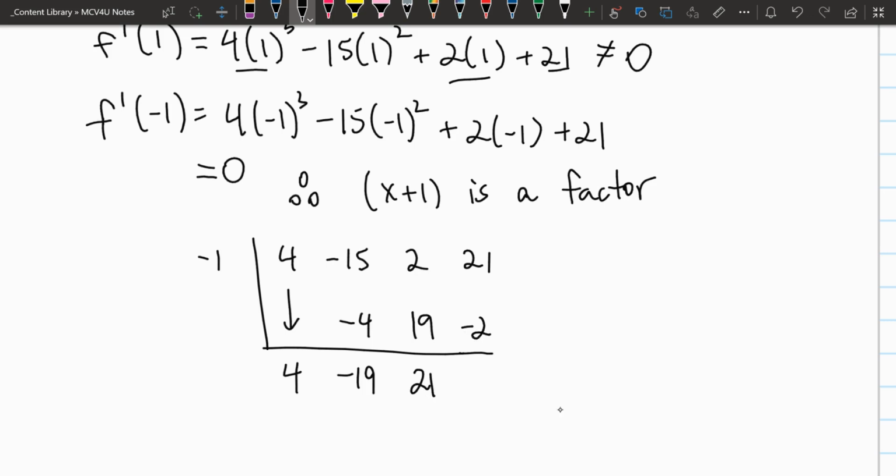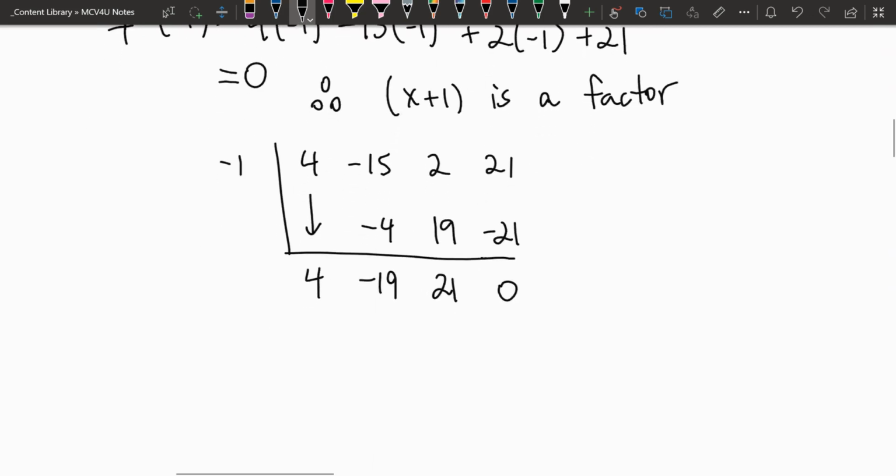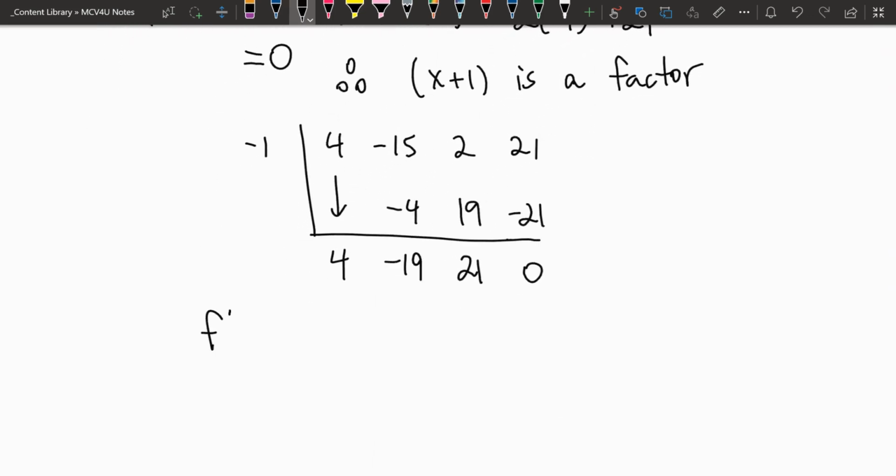Multiply again, we get negative 21, and then 21 plus negative 21 is 0. Okay, and so the factored form of my derivative, f prime x, is going to be x plus 1 times my quotient, 4x squared minus 19x plus 21.